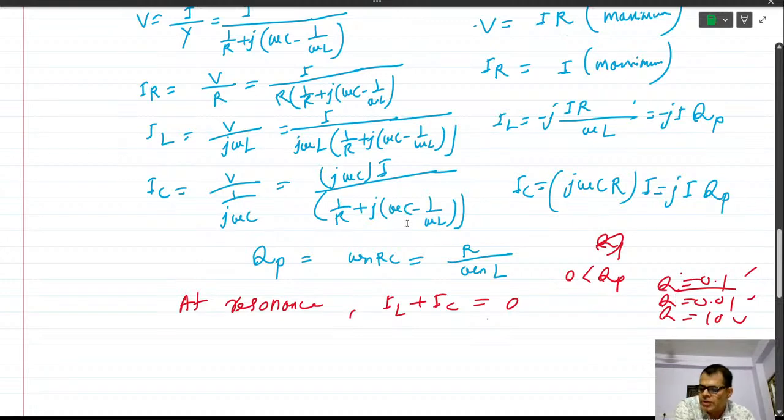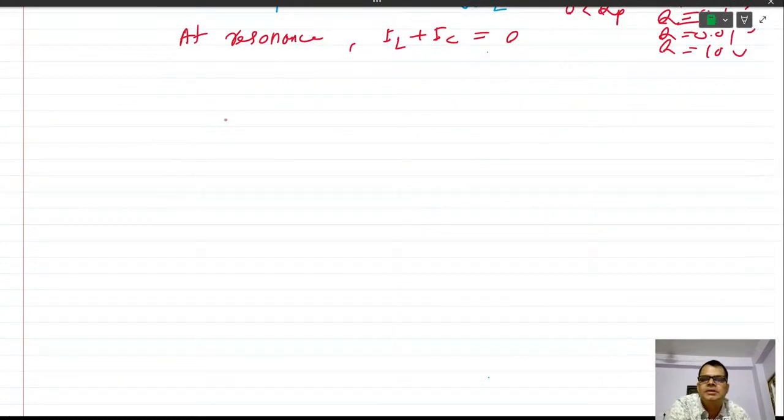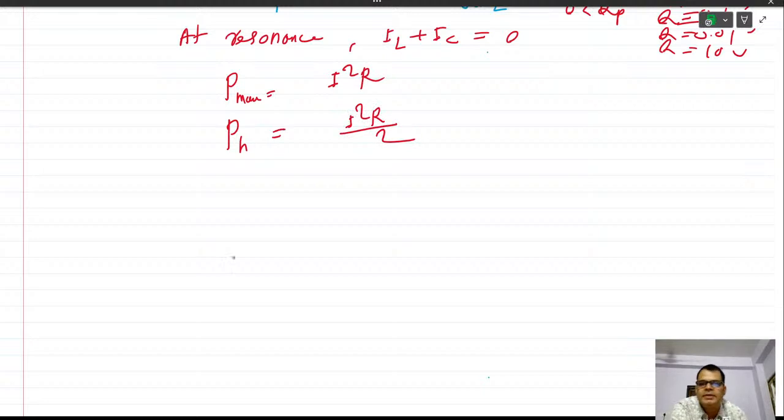Okay, so now calculate the half power frequency. Half power frequency, same relations. Maximum power we have seen, P max is equal to I square R. So P half is I square R by 2, right?